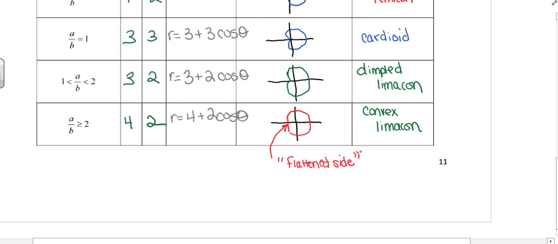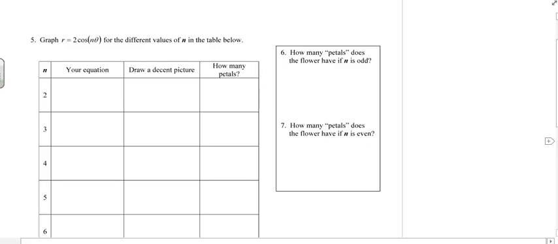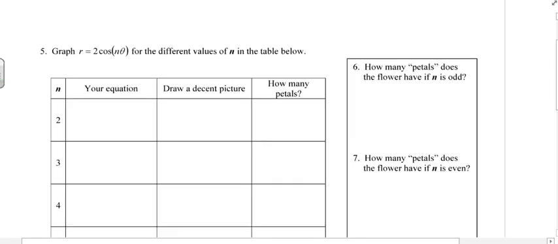I'm going to go ahead now and go right up to the top of page 12. And in this instance, we're going to take a look at a slightly different kind of graph. This graph is going to be in the form r equals 2 times cosine of n times theta. So notice that n in the parentheses for some different values of n.